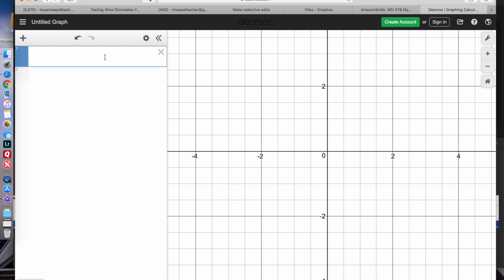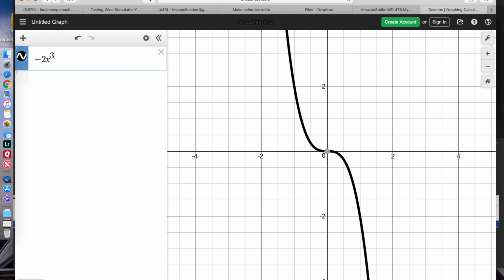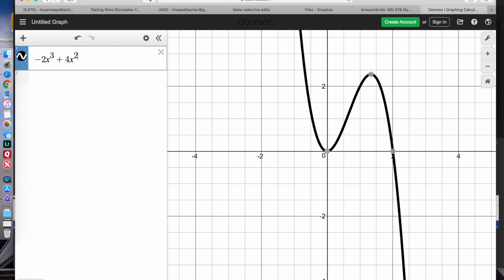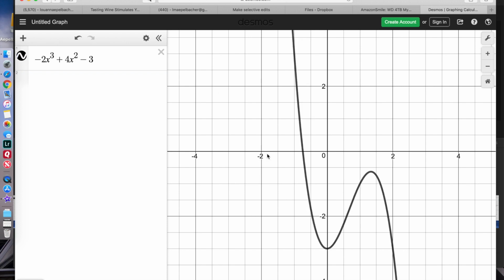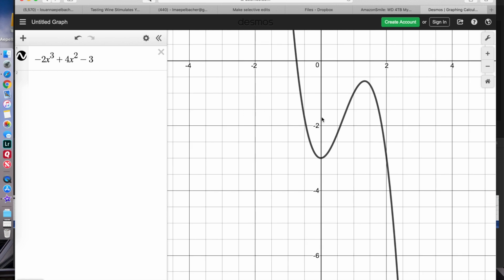And so I'm going to go ahead and type it without the f of x, but negative 2x to the 3rd power plus 4x to the 2nd power, and then minus 3. And if you were to graph or draw a horizontal line through this middle part of the graph here, it would touch the graph more than once, and therefore it does not pass the horizontal line test.